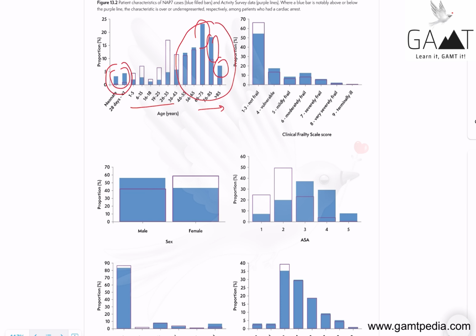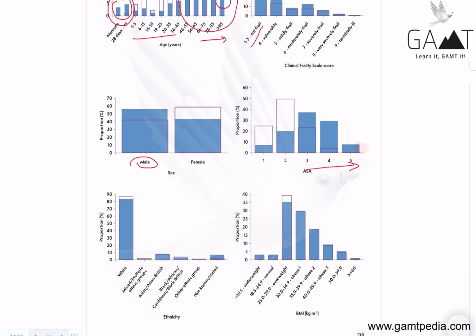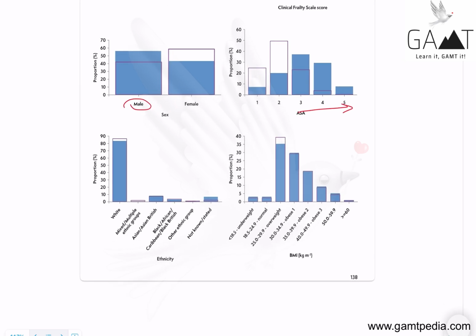Again, when you look at the frailty score, patients who are not frail had a lesser proportion of cardiac arrest patients reported in their group compared to more frail patients. The more frail the patient is, the higher the incidence of cardiac arrest. Again, no surprises there. Males are slightly higher, and ASA 3, 4, 5 have a higher incidence of perioperative cardiac arrest. Again, these are all pretty obvious.